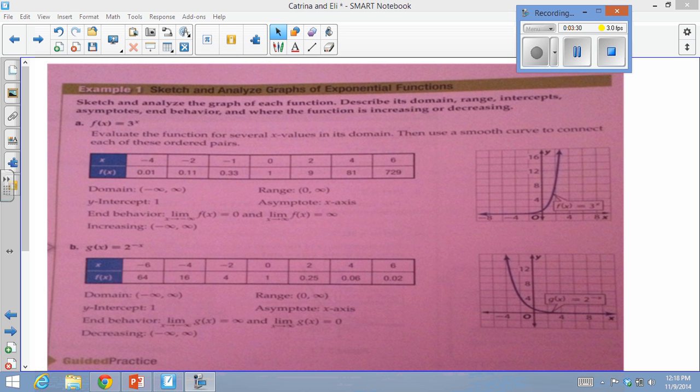Our y-intercept is 1 again because when we plugged in 0, we also got 1. Our asymptote is on the x-axis, and our end behavior is as x approaches negative infinity, our g of x value will approach infinity. And as our x value approaches infinity, our g of x value will approach 0.